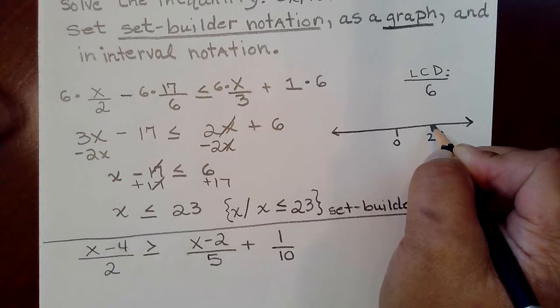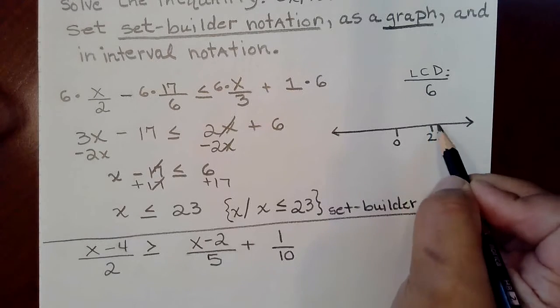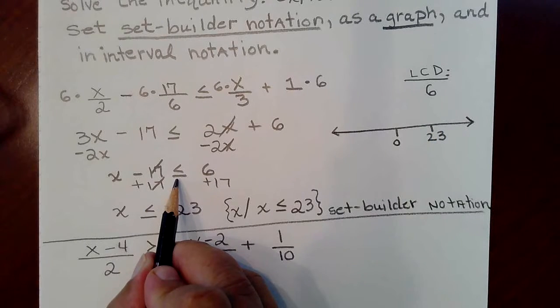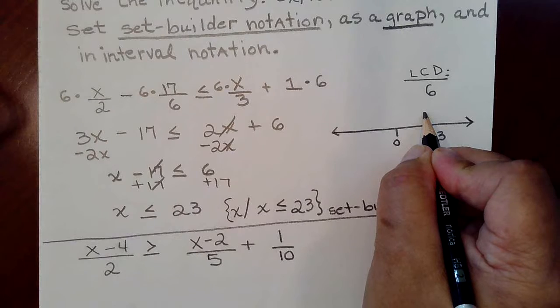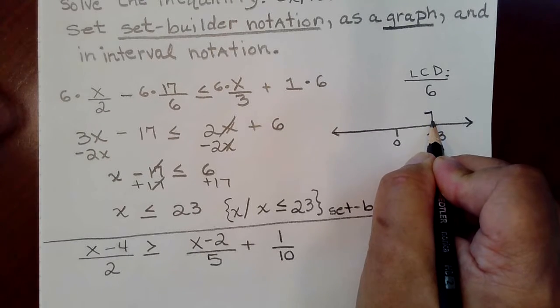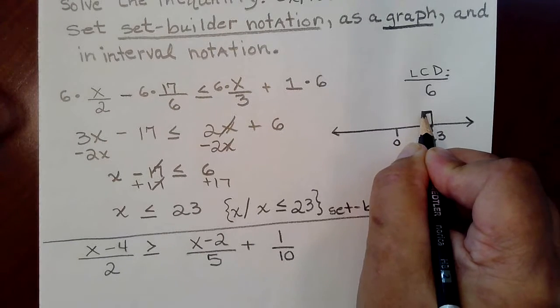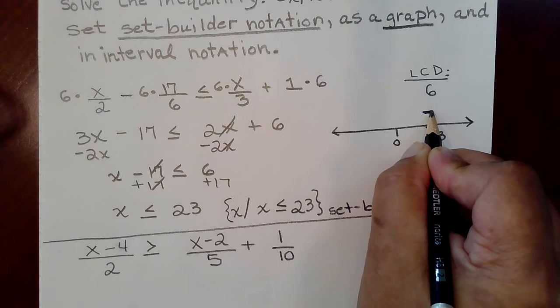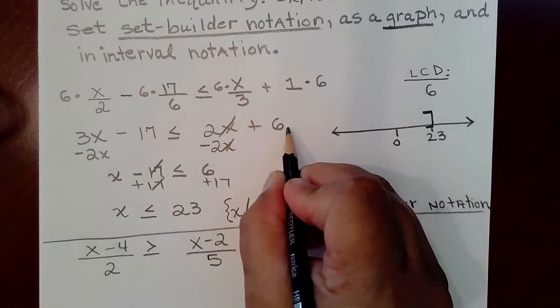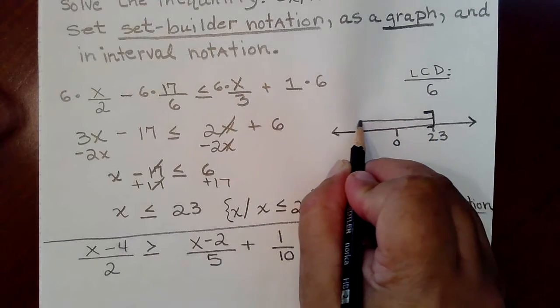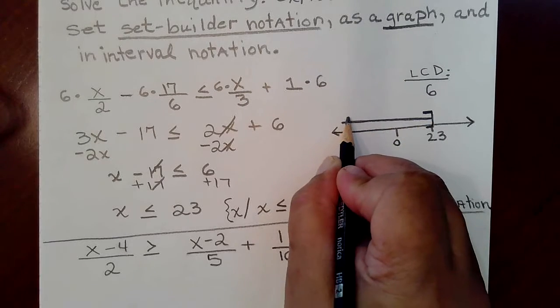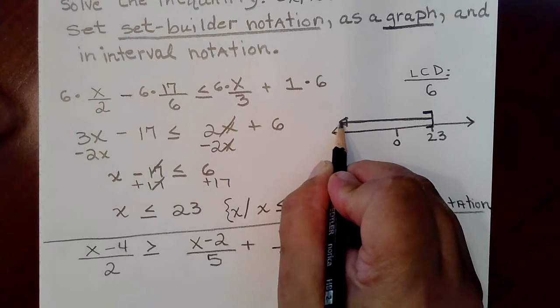And if you remember, we shade circles in when the endpoint is associated with a partial equal sign. So instead of a shaded in circle, we will use a bracket. The reason that I'm opening it to the left is because the shading is to the left, and the shading needs to come right out of the inside of that symbol.